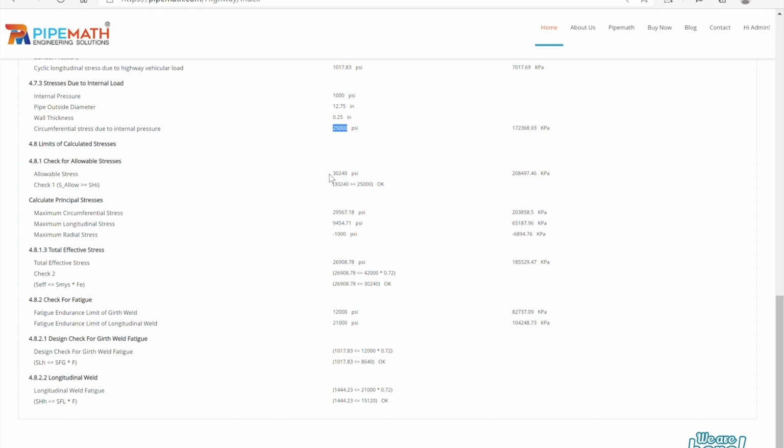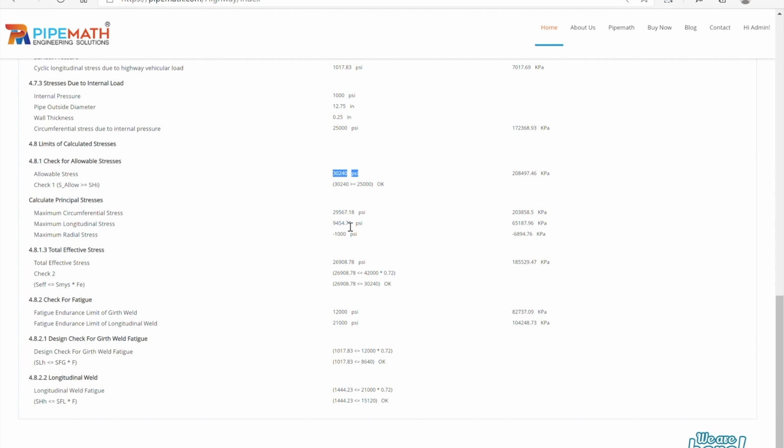Allowable stress has been calculated as 30,240 psi, which is essentially SMYS or grade multiplied by the design factor. So 25,000 is definitely a lot less than 30,240. So it is showing okay at the end, no concern.